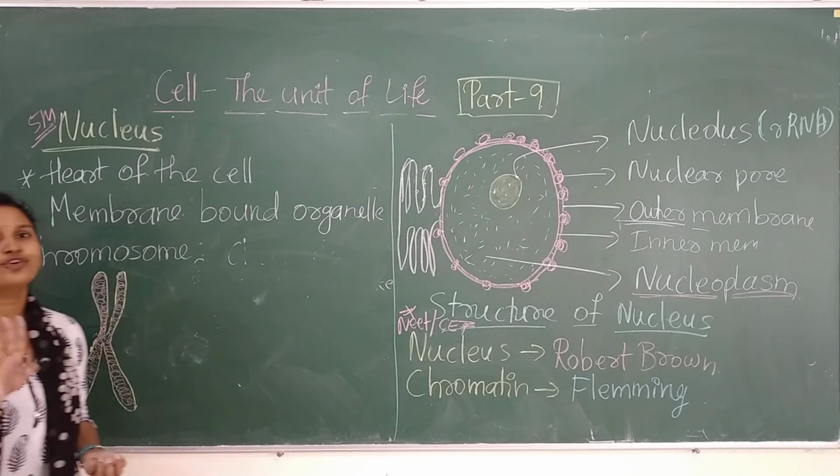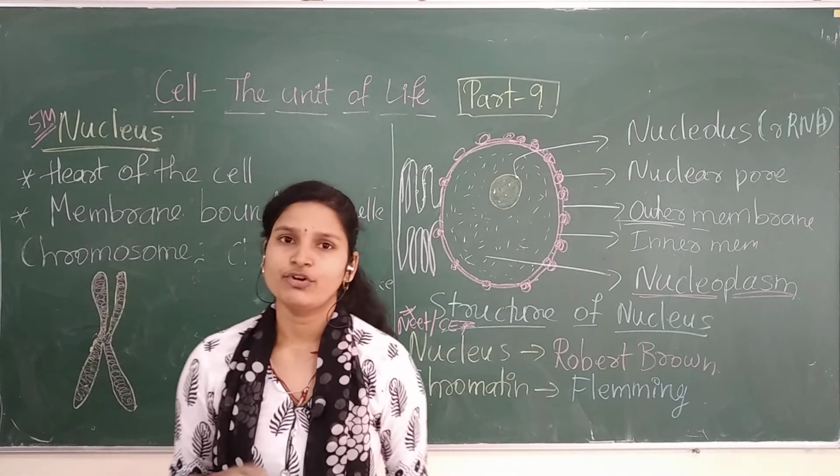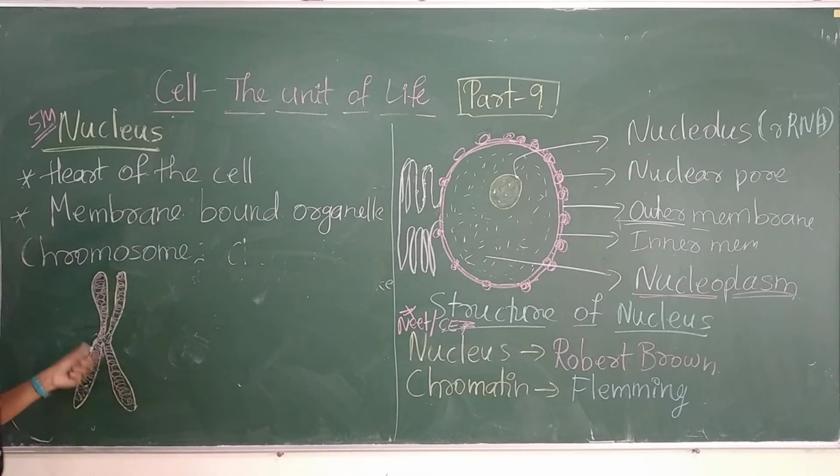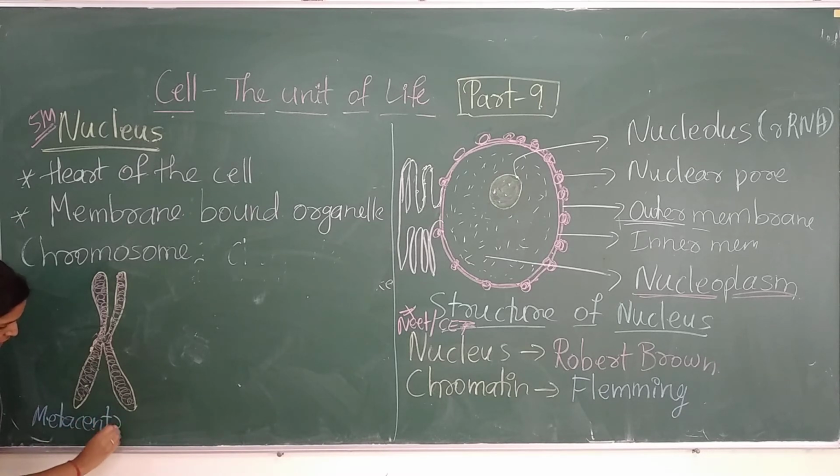there are mainly 4 types of chromosomes. If the centromere is present exactly at the center, in the middle of the chromosome, we call it metacentric.